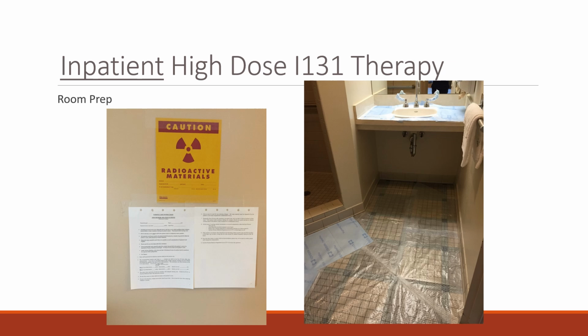And so the handles are wrapped absorbent side out. And then, of course, everywhere around the sink, the floor, there's an extra mat outside the shower where they're going to be dripping to absorb that. And then plastic all around the floor, so if there's any kind of body fluids or anything like that, that doesn't contaminate the floor.